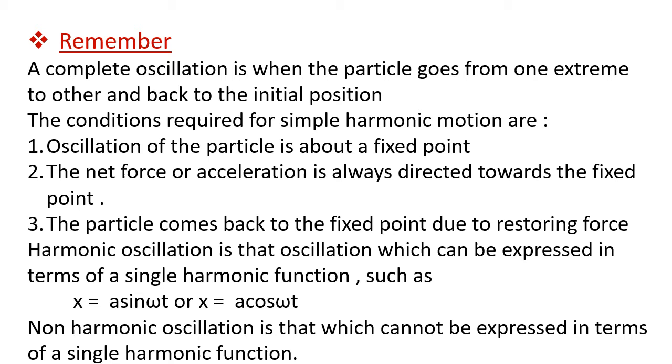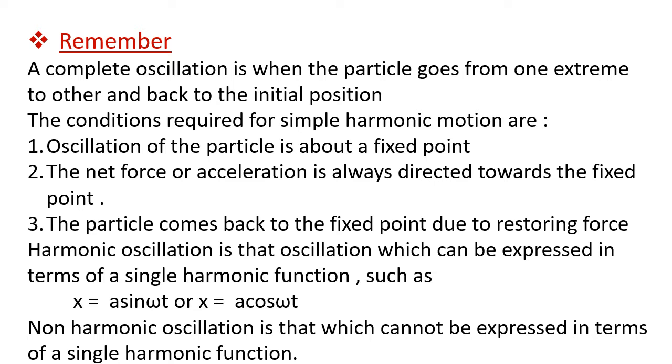In this particular chapter of oscillations, we are going to see the displacement, velocity and acceleration for the oscillatory motion, and how these different quantities, that is velocity, displacement and acceleration, can be represented by sine and cosine functions.